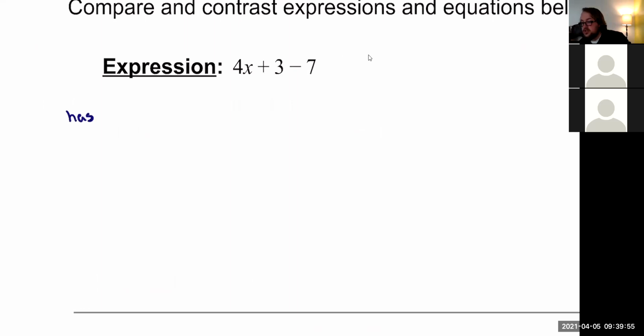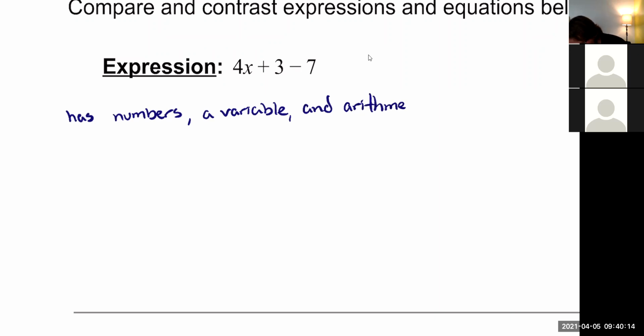So I'm going to be a little bit more general here. So this expression has numbers, a variable, and arithmetic operations.